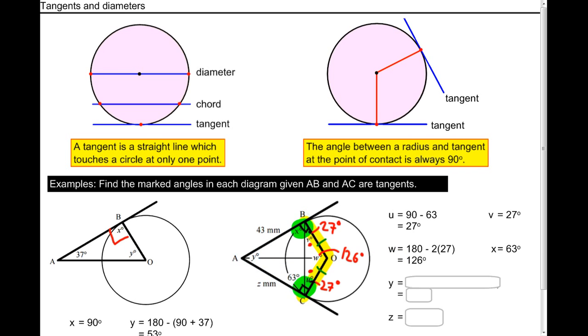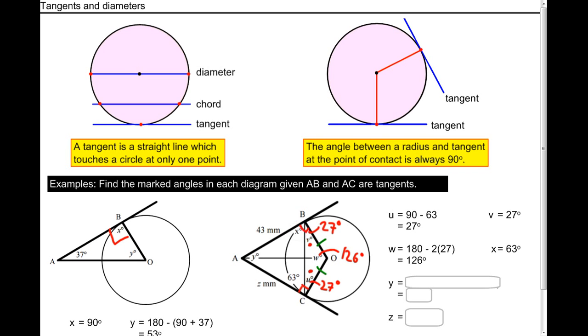So, getting rid of my coloured lines, it basically means the top half, so everything from my line of symmetry down the way, is going to match with everything up the way. So it just means x has to be equal to that 63.